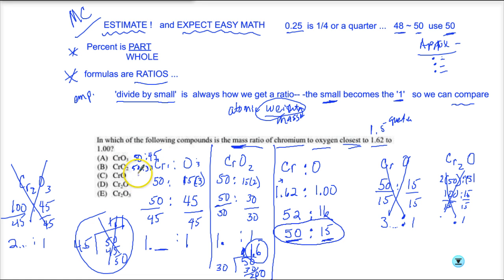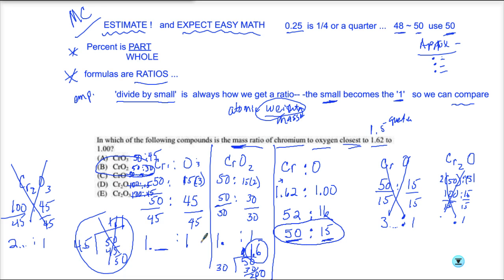So what am I looking for? 1.5 as much again. So it looks like that's a contender. 50 isn't half as much again as 45, so you could eliminate that easily. This is going to be 50 to 15, so that's definitely out. This is going to be 100 to 15, that's out. This is going to be 100 to 45, that's out, and there's your answer.